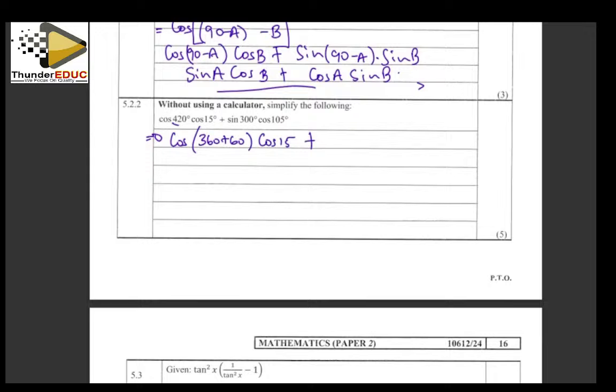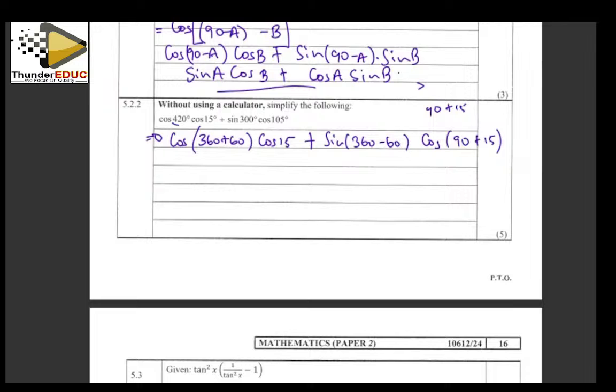Sine 300 is in the fourth quadrant, which is 360 minus 60. And then 105 is in the second quadrant. I cannot use 180 because that's going to give me something like a 75. Okay. Let me use 90. If I use 90 plus 15, I'll get the 105.